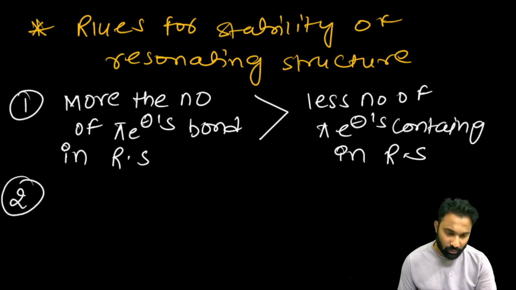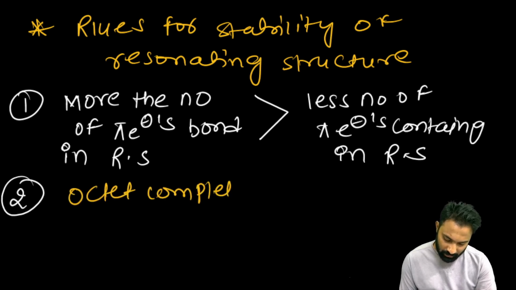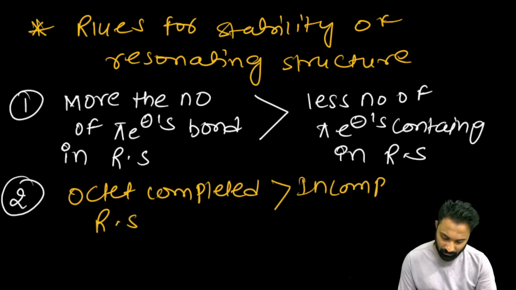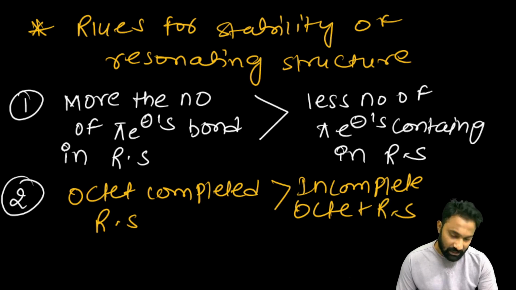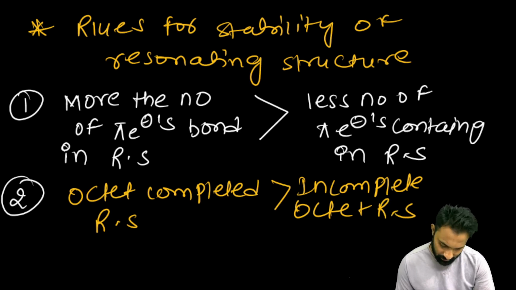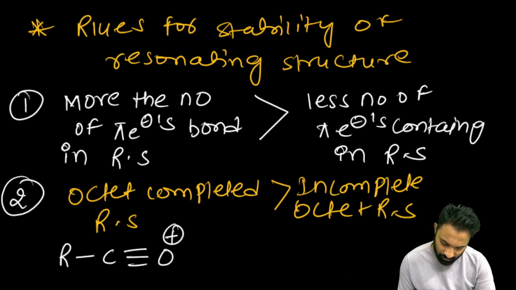Second point you have to remember: an octet-completed resonating structure is greater than an incomplete octet resonating structure. Sir, what is the meaning of octet complete and incomplete? Octet complete means, here see, double bond O, and the oxygen having the positive charge.